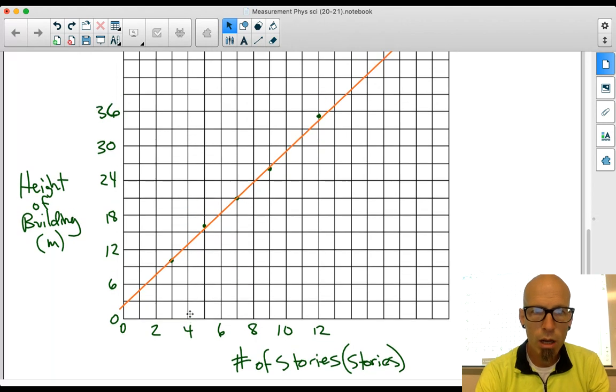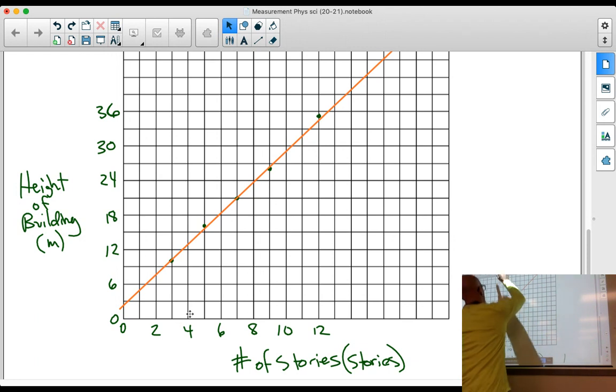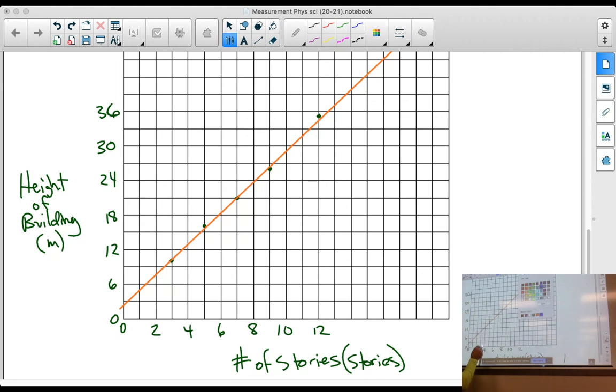If I want to know how tall that is, I would take my pencil, or in this case my marker, start at 4 stories down here, and make a little dashed line up to my best fit. I stop when I hit my best fit, and then I hang a left over until I hit the y-axis.